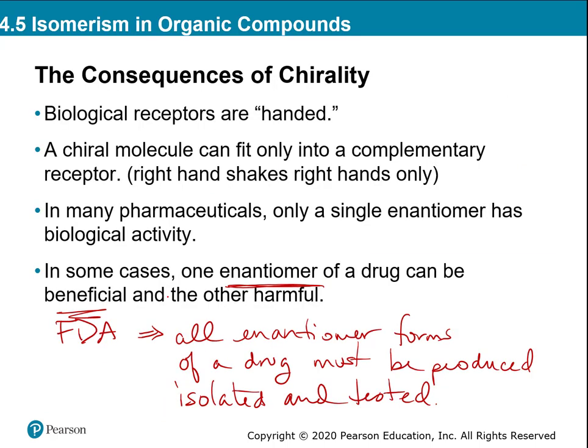So what is the significance of this? Yes, we are going to talk about carbohydrates. We are going to talk about amino acids and proteins and the fact that they exist as these chiral molecules. But think about biological receptors. When you take a medicine, typically that medicine is going to have an effect on some group of cells.